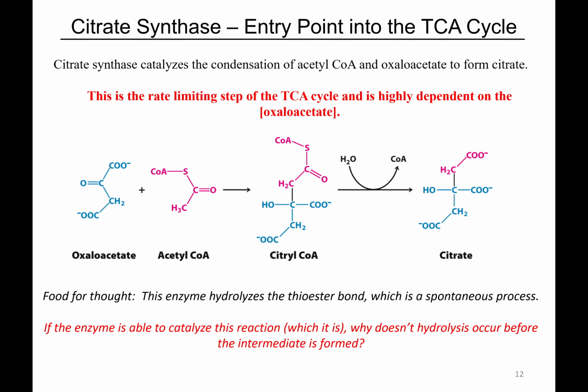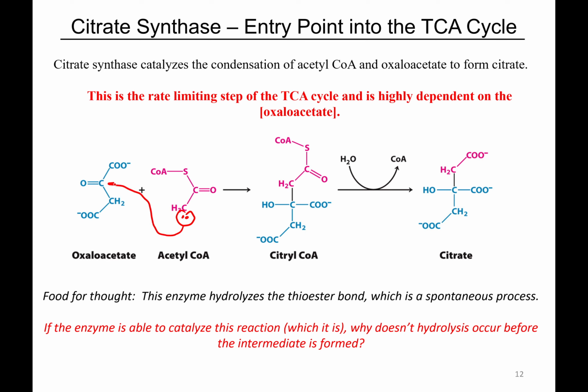Okay, so let's talk about citrate synthase. This is the entry point into the TCA cycle. The idea here is we are activating the beta carbon of acetyl-CoA to be a nucleophile, attacking oxaloacetate to make this citryl-CoA intermediate. Without really going into the chemistry here, the general idea is this carbon gets activated as a nucleophile.